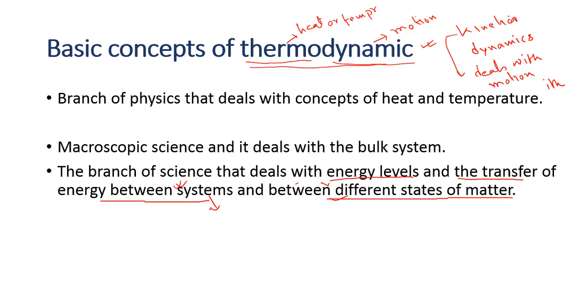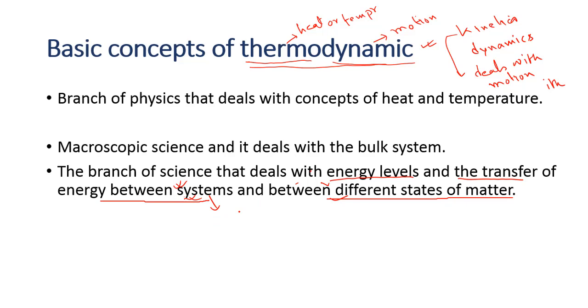There are different types of systems: open system, isolated system, closed system. We can discuss them in later lectures. For now, you just understand that it is a branch of science that deals with the energy level and transfer of energy between systems.